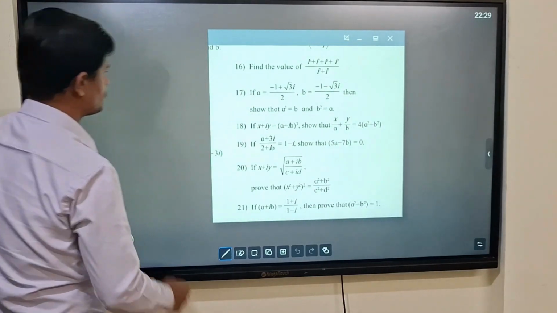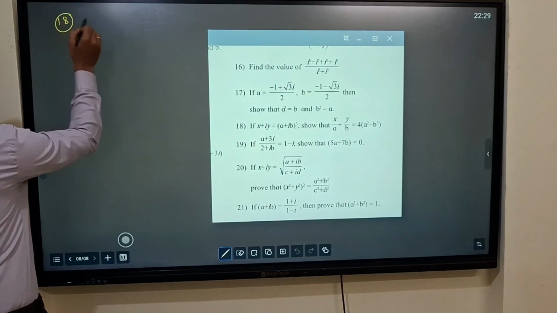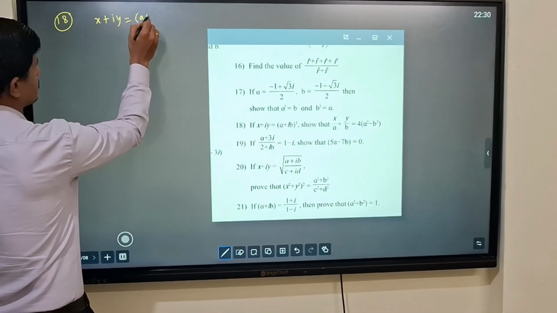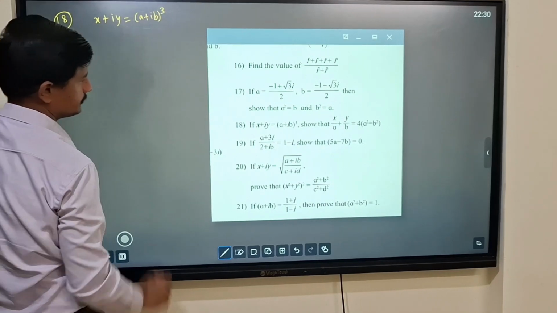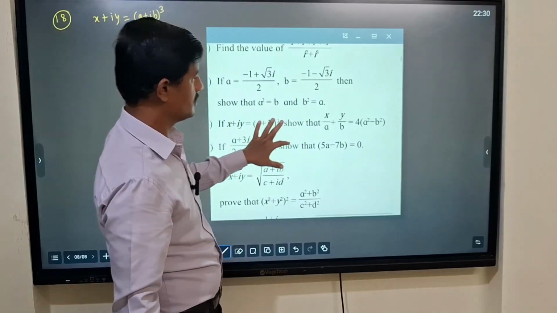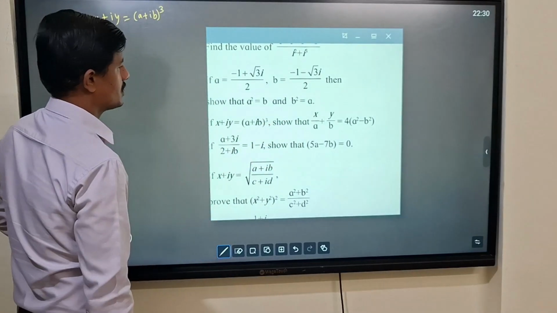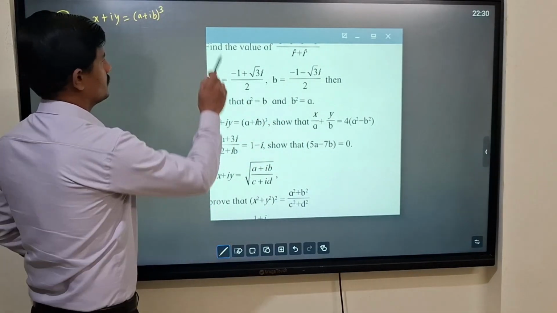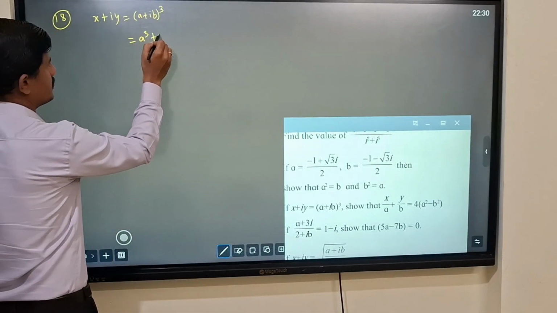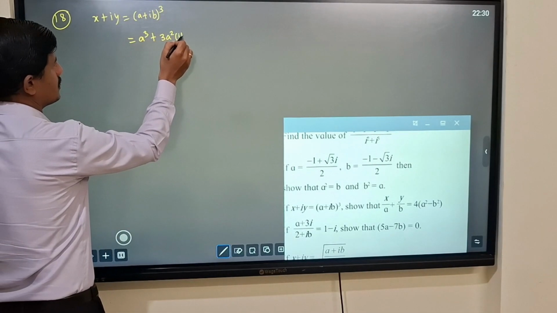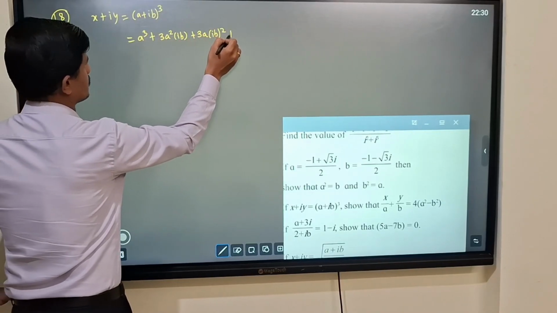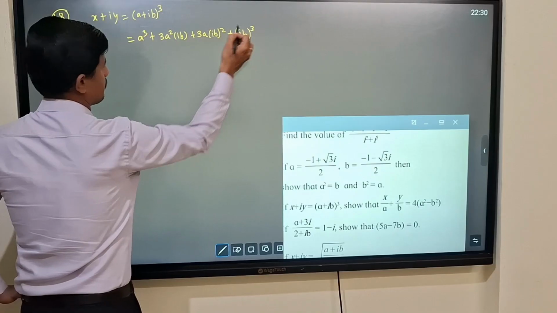Now, next one. If x plus iy is equal to a plus ib whole cube, show that x upon a plus y upon b is equal to 4 into a square minus b square. So we need to simplify this first. This becomes a cube plus 3a square into ib plus 3a into ib square plus ib cube.